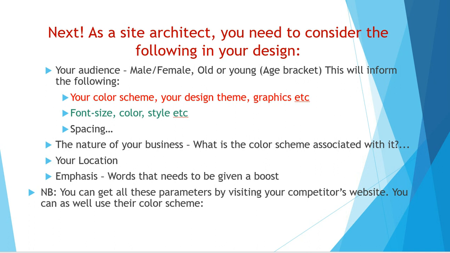So you need to know how to choose your color scheme with respect to the age bracket, with respect to the kind of people, the gender of the people that you are targeting on your website. That is the gender that your business is targeted to. All right. Now you look at the font size and the color, and also styling. Some persons might not appreciate good stylings, especially when it gets to do with old age.